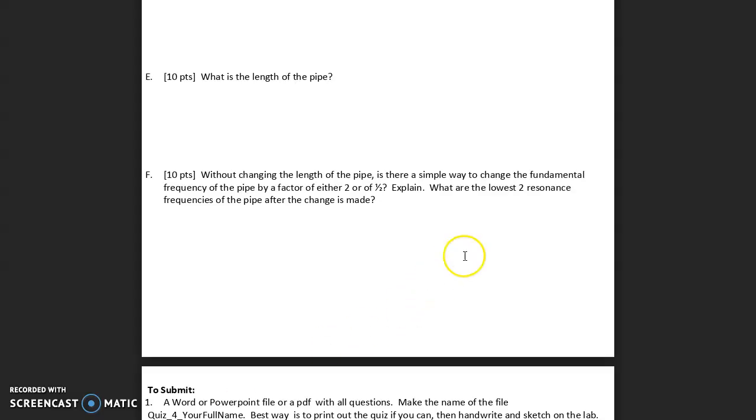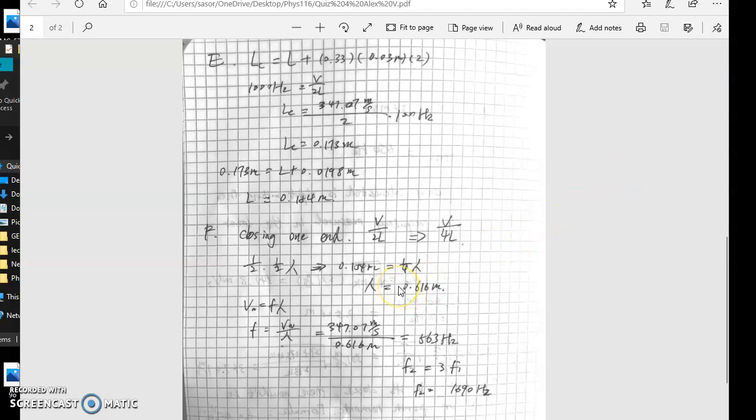Well, the second part of the question is to find the two lowest resonant frequencies. So to find frequencies, we can use this formula, but we need to know the new lambda after the change.